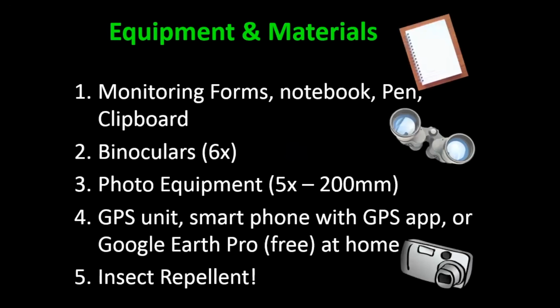We do request that you take photo documentation of any of the symptoms that you're monitoring. We also require a GPS coordinate for the location of your monitoring. So you can do this with your smartphone or at home using Google Earth Pro. And of course, we'll be out in the field, so please use insect repellent and dress appropriately.